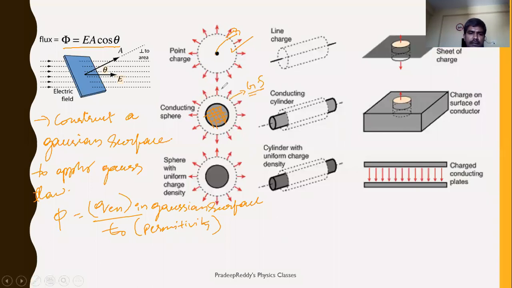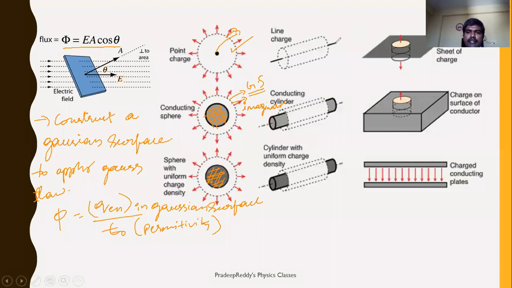It encloses the total spherical surface area, and it is an imaginary 3-dimensional surface which you are considering. Similarly, this is another sphere, which can be conducting or non-conducting. Same thing we will do. Simply we will construct a Gaussian surface enclosing the total sphere, and we will use Gauss law.